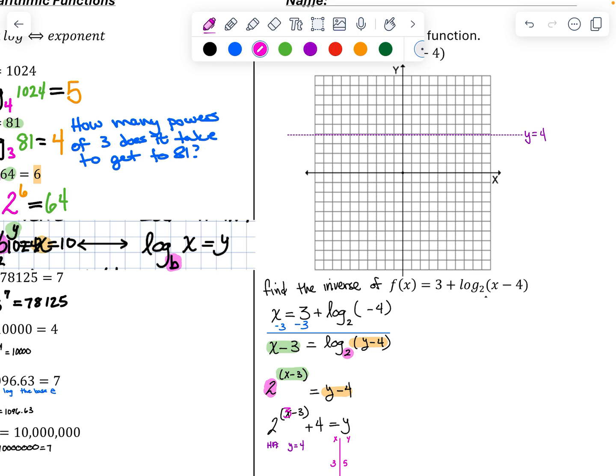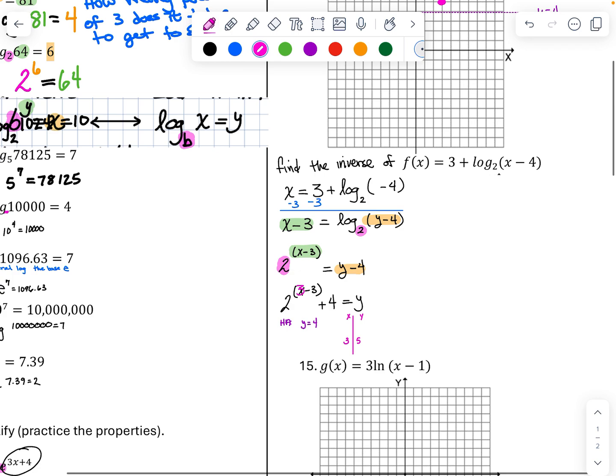We just discovered the point (3, 5). So 1, 2, 3 to the right, 1, 2, 3, 4, 5 up. So there's our first point on our exponential function.